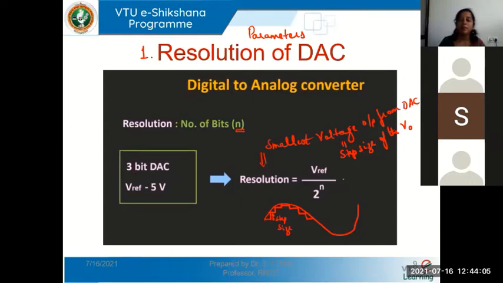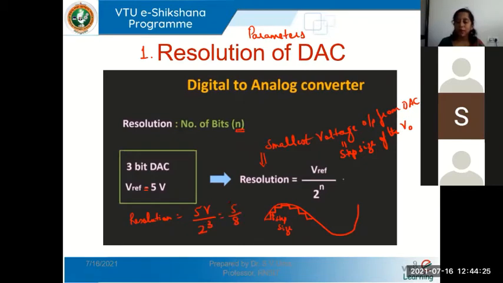Say, for example, we have a 3-bit DAC and the reference voltage given is 5 volts. Then what would be the resolution? The resolution would be 5 volts divided by 2 to the power of 3, which will be 5 by 8.